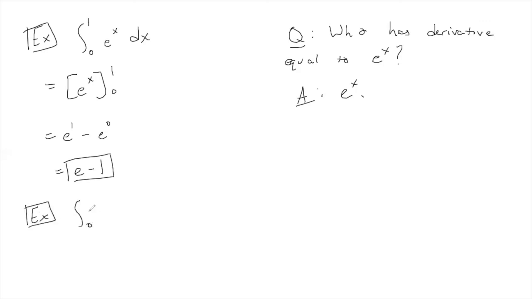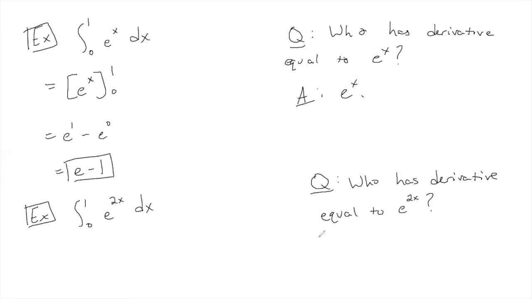Okay. All right, now what about if I had something like this, same bounds again, e to the 2x? Well, what about that? Who has derivative equal to e to the 2x? Well, it's the same sort of principle that we've been using, right?